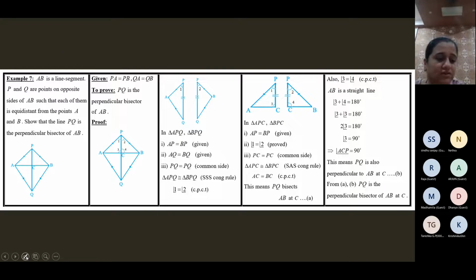Yeah. So see here, this is a figure where we have two isosceles triangles, APB and AQB. It's not directly given that it is isosceles here, but when you make the figure later, you realize that the two triangles are isosceles. So here we have two isosceles triangles, APB and AQB on the same base AB, and the vertices P and Q are on the opposite sides of the common base AB.